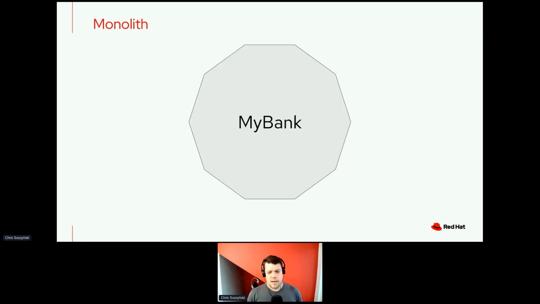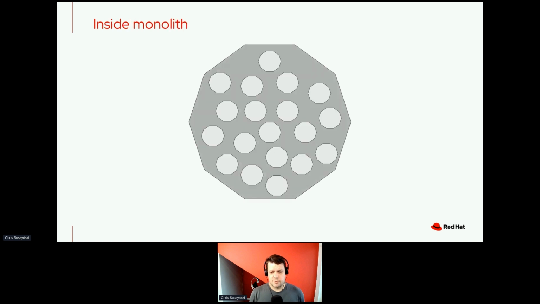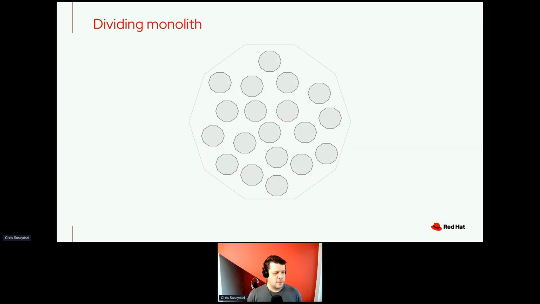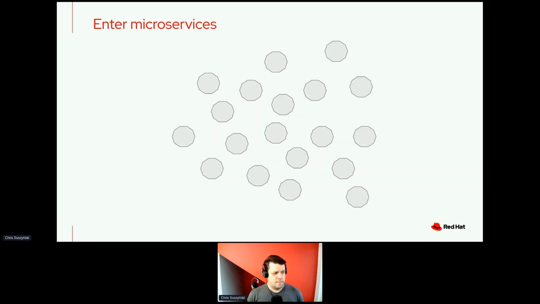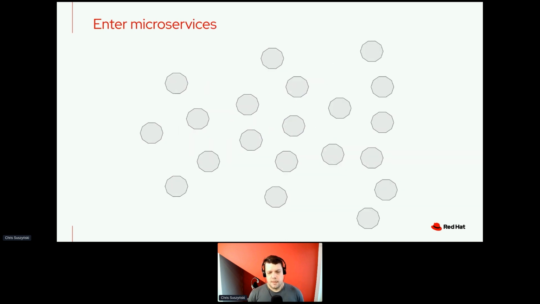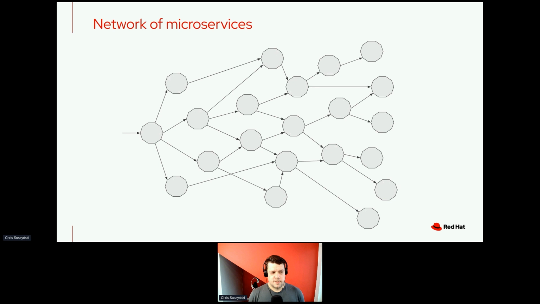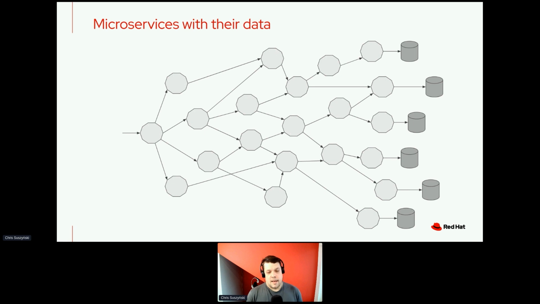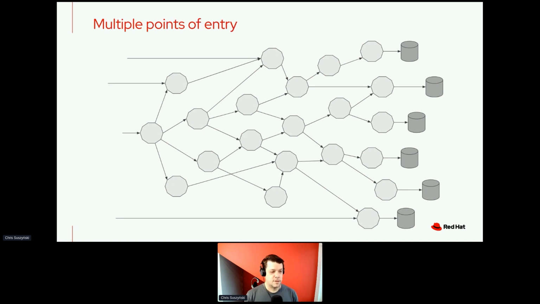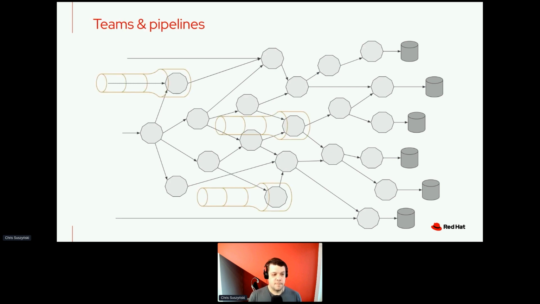And often we have this design where we try to break our applications from a monolith into microservices, for example. Our microservices start to create a service mesh. Then some of those applications have their own data stores, and we have multiple entries to that system.